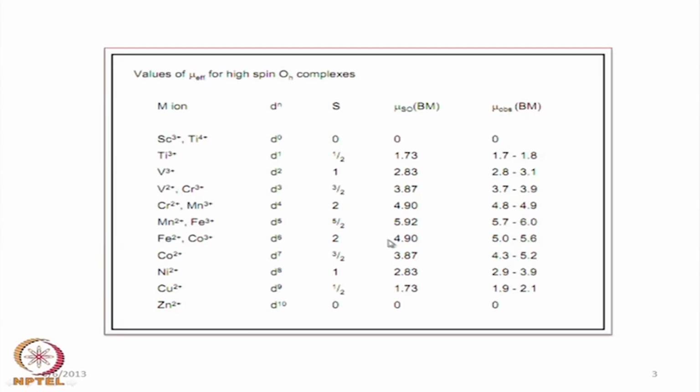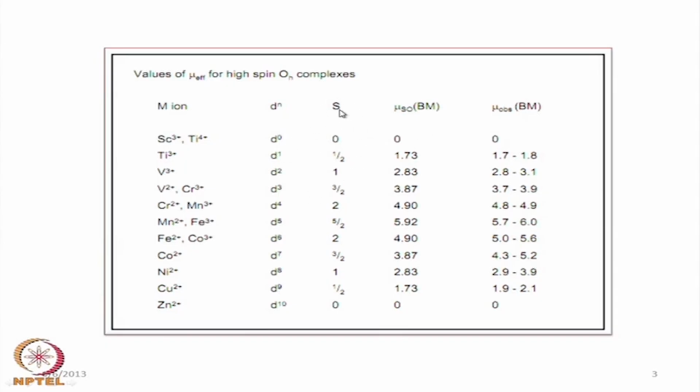What we see from this particular table is that in the case of Mn2 plus or Fe3 plus, the experimental magnetic moment is slightly higher than the theoretically predicted value based on the mu S equation. The mu S equation is that S is a good quantum number.